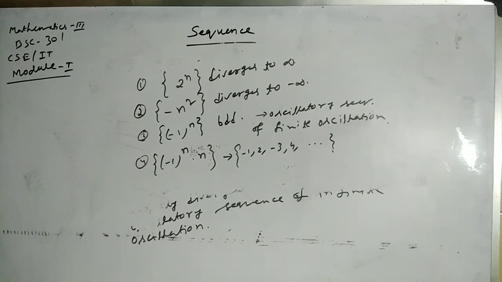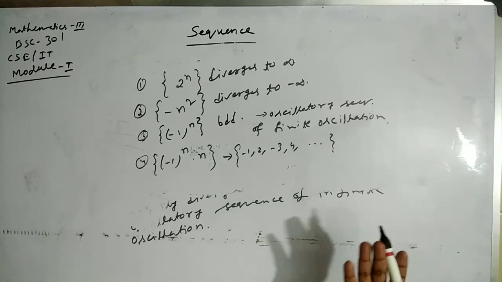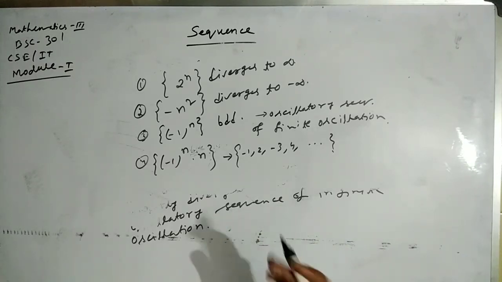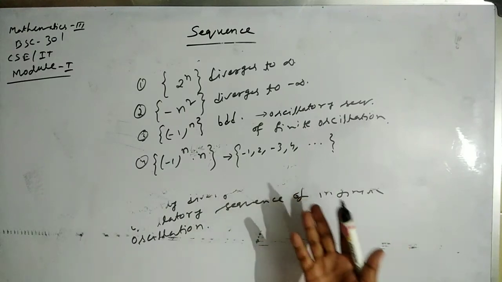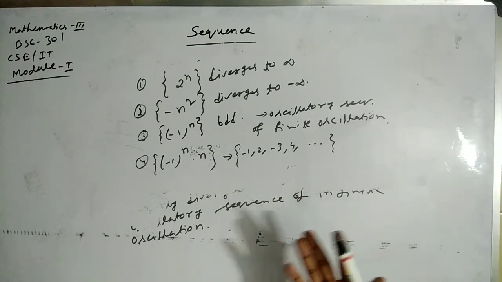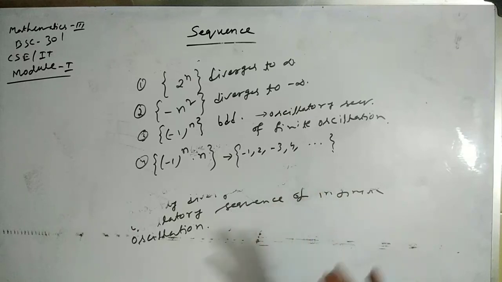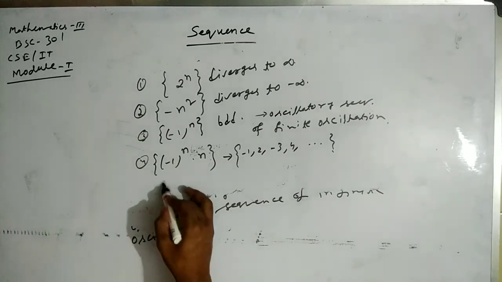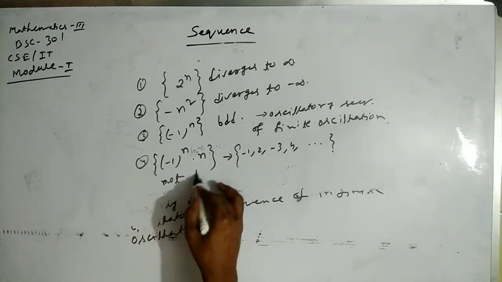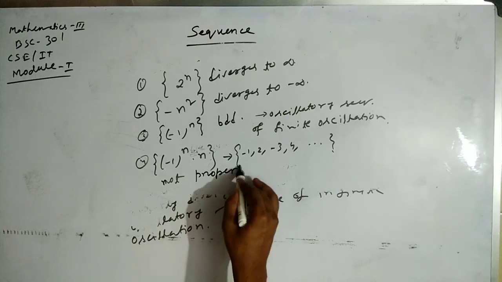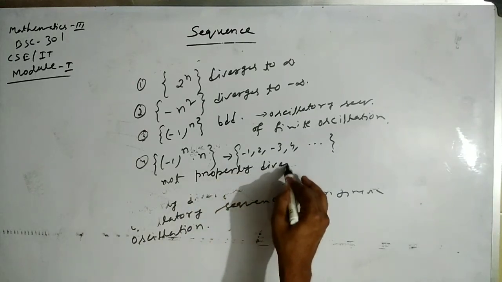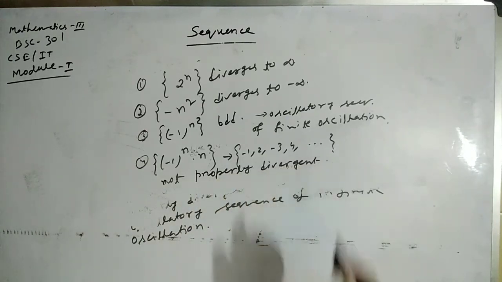It is not properly divergent because the infimum is minus infinity and supremum is plus infinity. That is, the sequence is unbounded below and unbounded above both. Okay, so this sequence is not properly divergent.